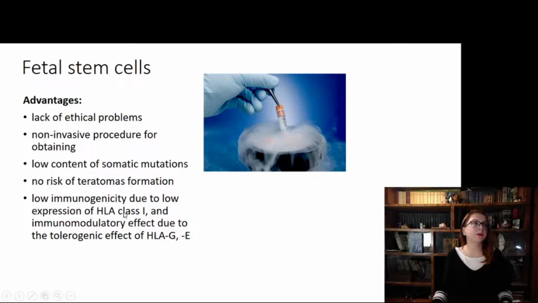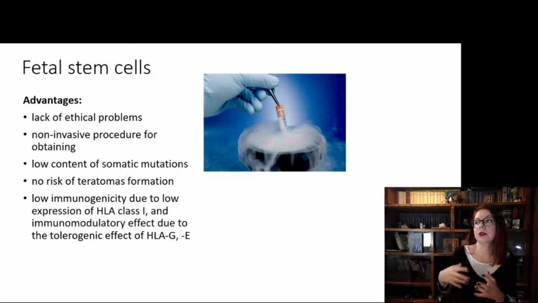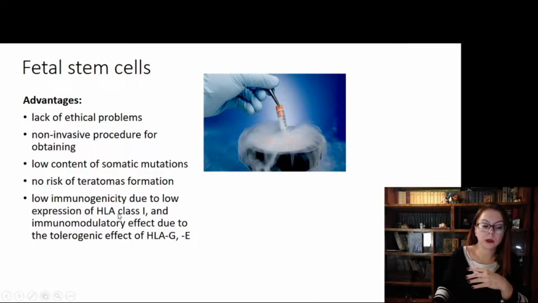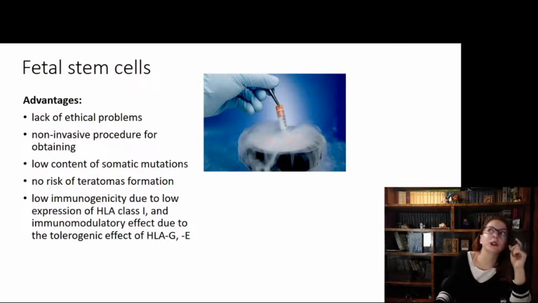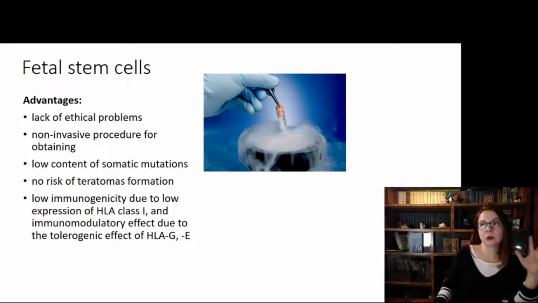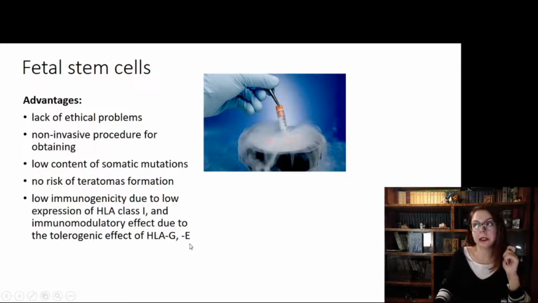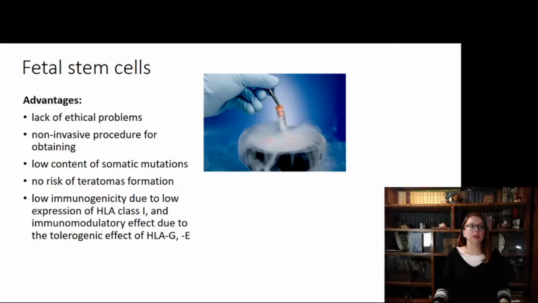Then low immunogenicity. That's why fetal stem cells are not so readily rejected as other types of stem cells, because on their surface we can see low MHC type 1 receptor content, so the major histocompatibility complex receptors are not very well expressed, and also because they expose HLA-G and E antigens, which have a tolerogenic effect, so they stimulate the formation of immunological tolerance towards them if they are put in the organism of the recipient.